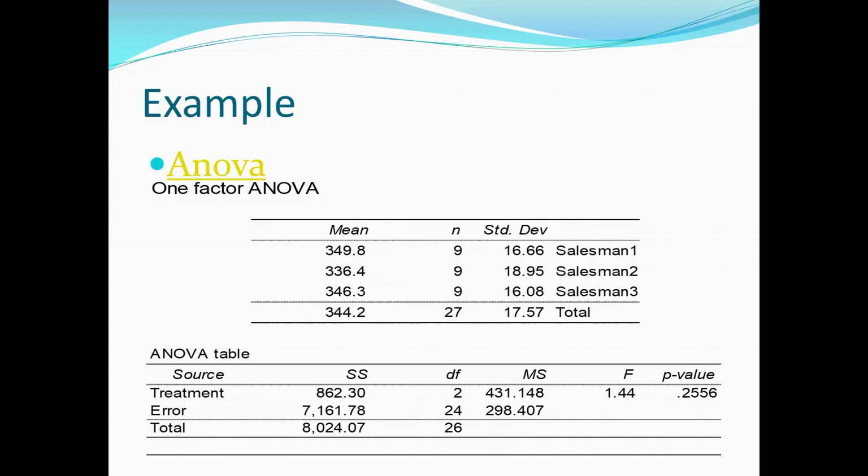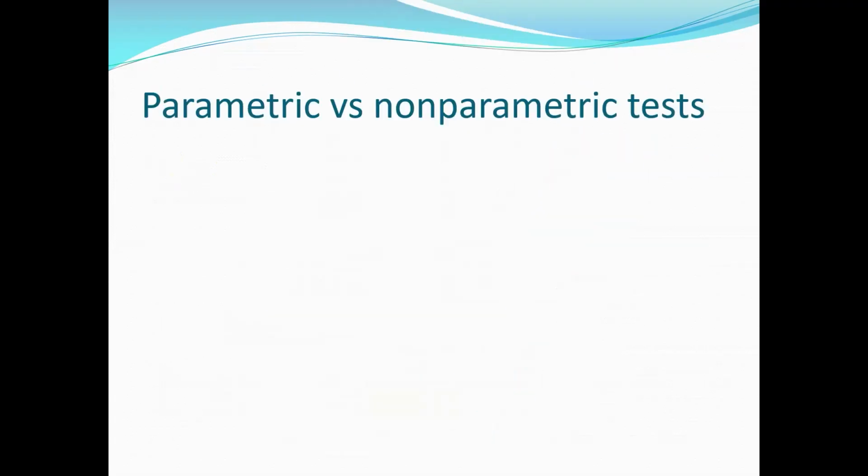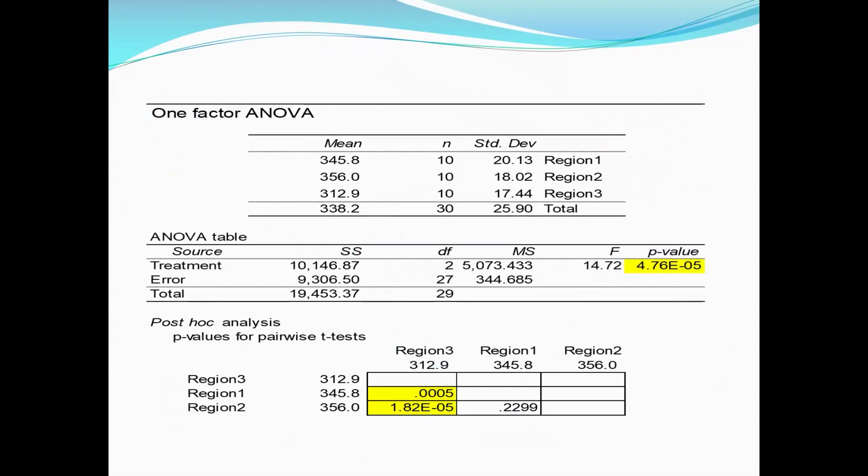So understand, interpret. Let's take another case. One-factor ANOVA. Look at region 1, region 2, region 3. So the salesmen are working for, say, 10 months in region 1. Region 2, 10 months. Region 3, 10 months.